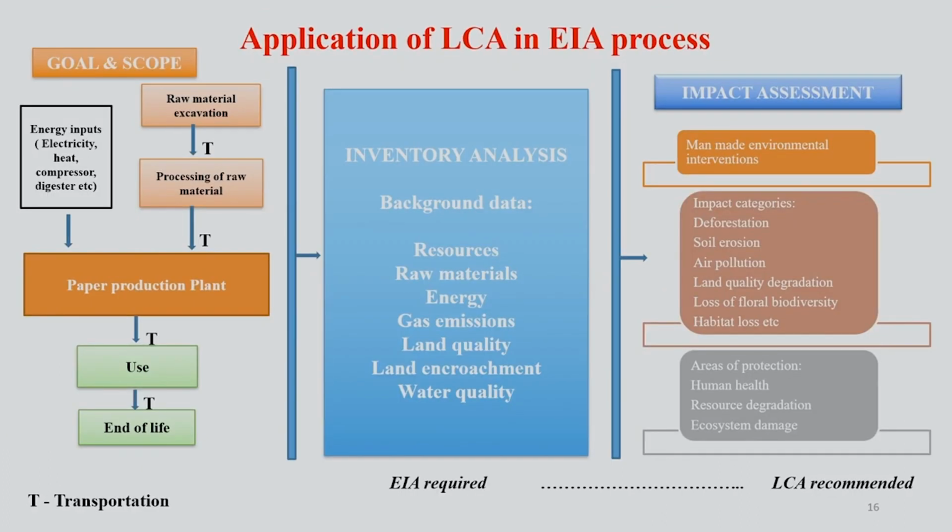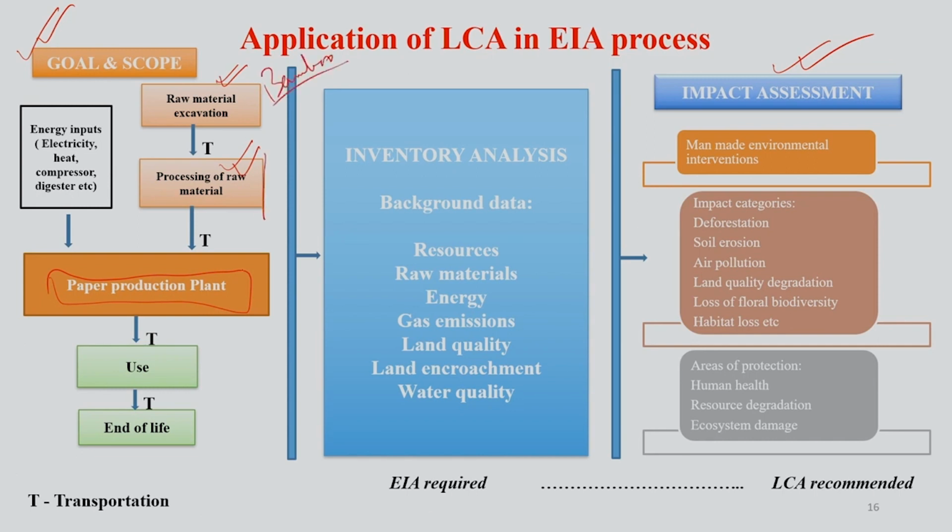Now, we come to the application of LCA in the environmental impact assessment process. Let us look at it in two aspects: one is goal and scope, the other is impact assessment. When we talk about goal and scope, we start with raw material excavation, any kind of raw material, metallic, non-metallic, gas, then processing of the raw material. Say, if you consider paper, the raw material is bamboo.